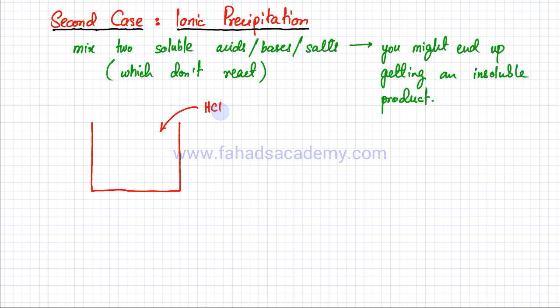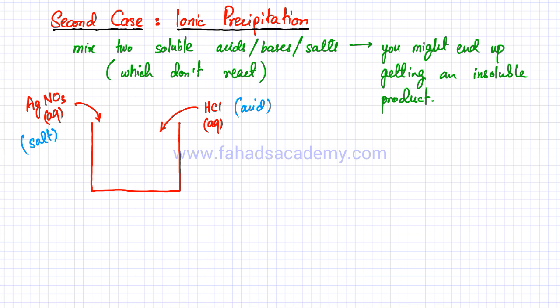Now HCl is an aqueous acid, and I'm going to mix it with silver nitrate, let's say. And all nitrates are soluble, so that is also in aqueous state. So what I'm doing over here is mixing an acid with a salt. Now you already know that acids and salts do not react together, so there's not going to be any reaction between the two.